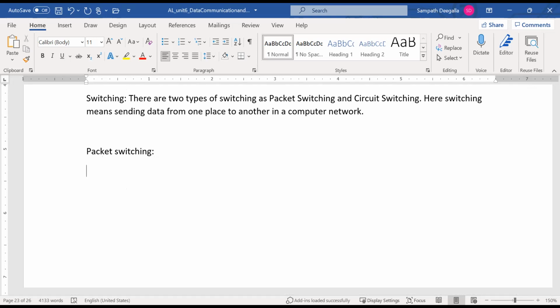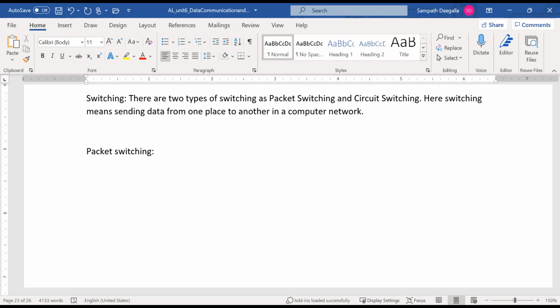The idea of packet switching is when you want to send something, you first break this data into chunks or pieces, and then we call them packets. Then each packet you are going to identify uniquely, and then you change the header. That means you need to send packet by packet.